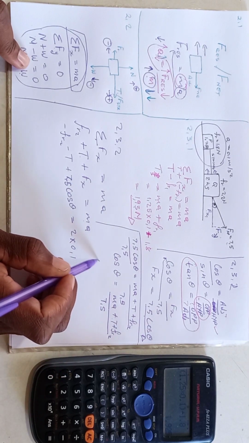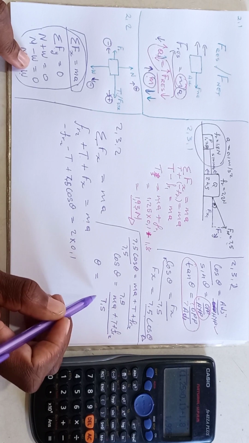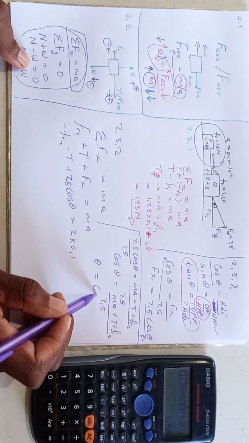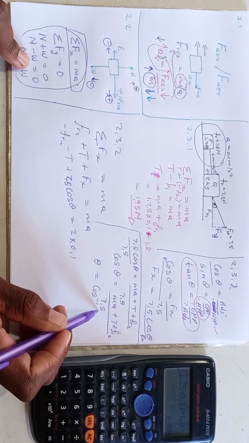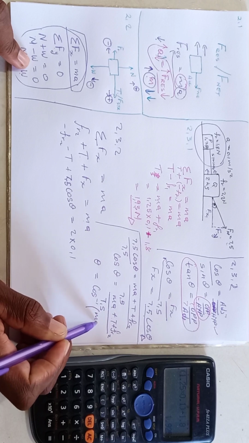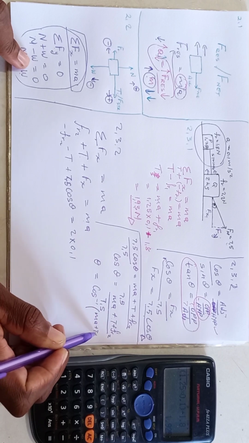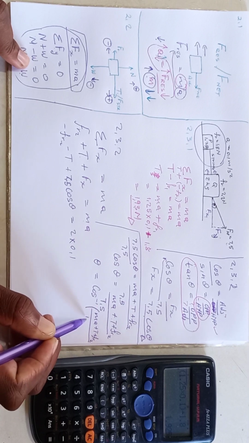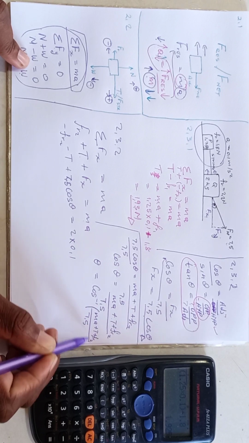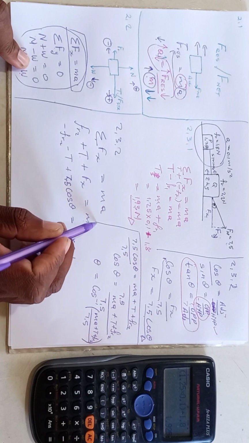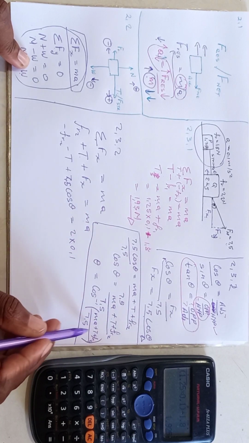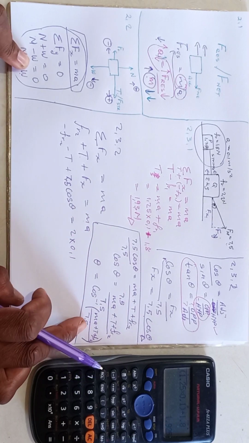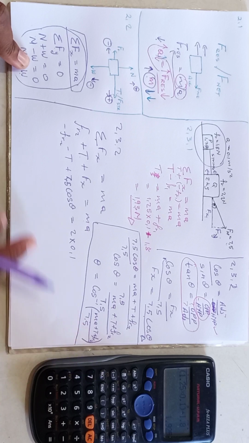And they would have theta equals cos raised to minus 1 of MA plus T plus FR2 all divided by 7,5. So they would then substitute everything there. I bet you they will get the same answer that we will get here.